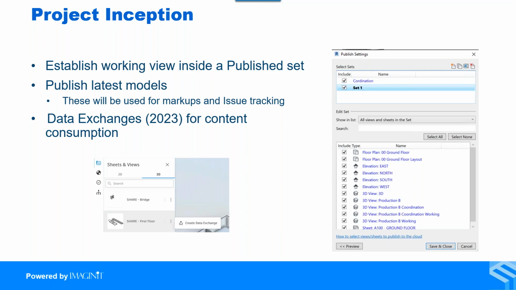New in the 2023 software, I can actually share a view that becomes a direct link to my model. So if I do updates, Mark will see that. I'm going to walk through the process of publishing settings to control what views will be visible, and then ultimately going in and creating a data exchange view for Mark to be able to absorb and bring in that information. Next slide.